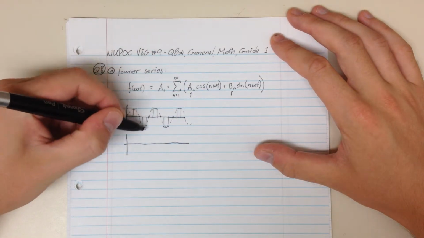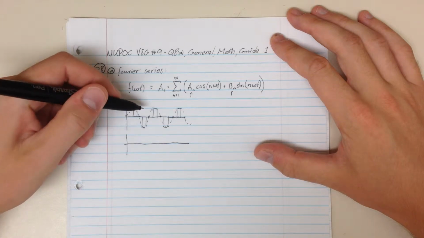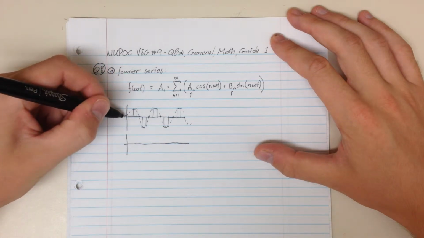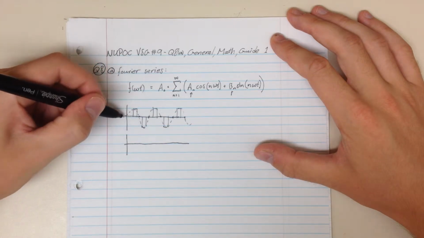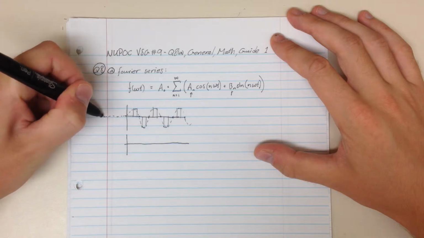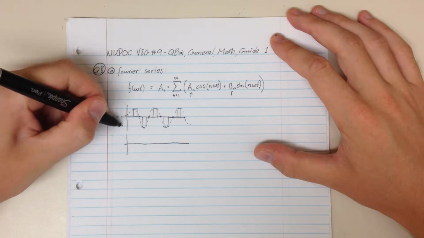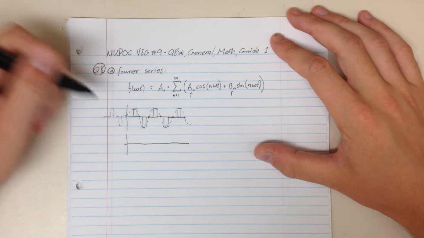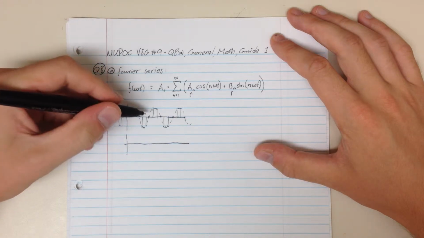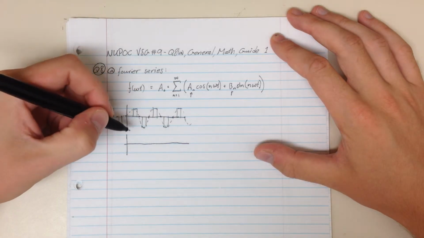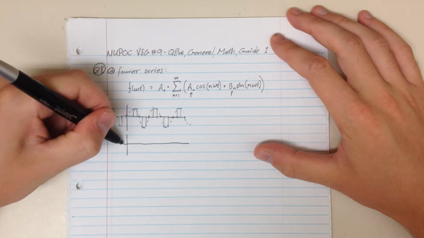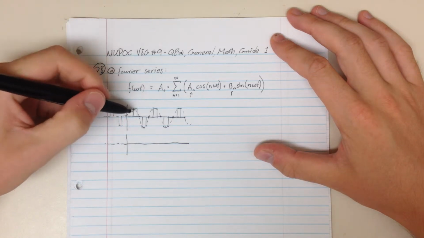So an example would be if we looked at this function right here. Let's extend it back a little bit, and let's say it does something like this. Now let's say we have another function that has the same omega, so the same period.